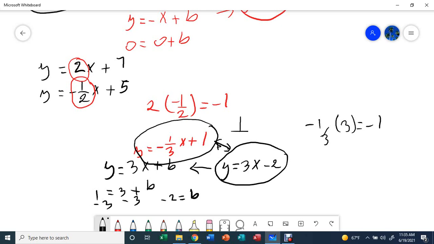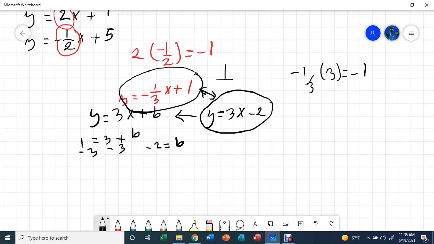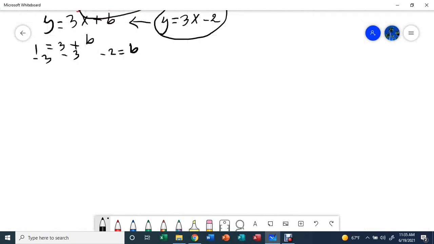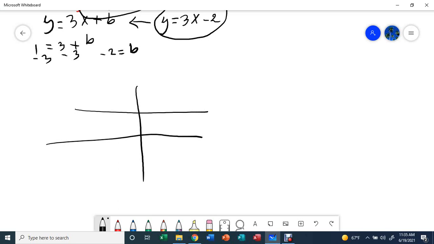Now let's talk about horizontal lines. What's the equation of a horizontal line? So a horizontal line is something like this. It's parallel to the x-axis. So this is y and this is x.